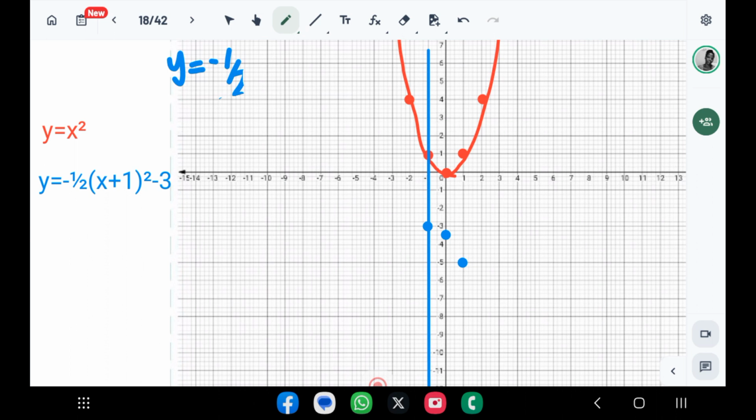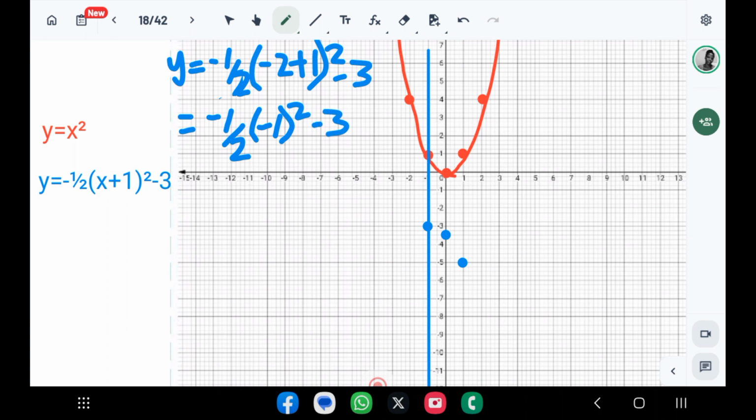At -2, we've got negative half, -2 plus 1 all squared, minus 3. That's negative half, which is -1 all squared, which is 1. So that's negative half minus 3, that's -3.5.